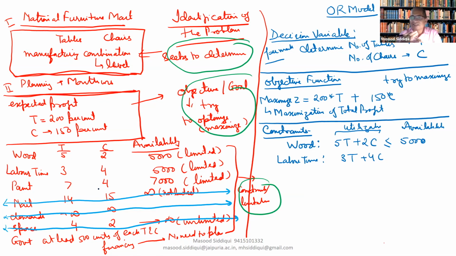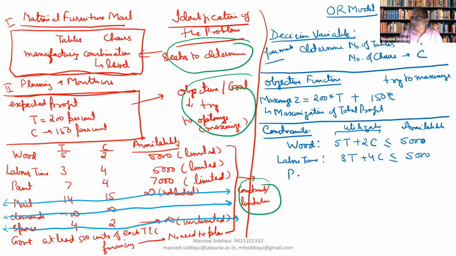That whatever the level of production is, the labor time utilized per unit remains constant: 3 for a table and 4 for a chair. And the next is that we are considering the total labor time utilized, so again the sign is plus. So this is the total utilization of the labor time, and the total available labor time is 5,000 again. So this total utilized time would be less than or equal to 5,000.